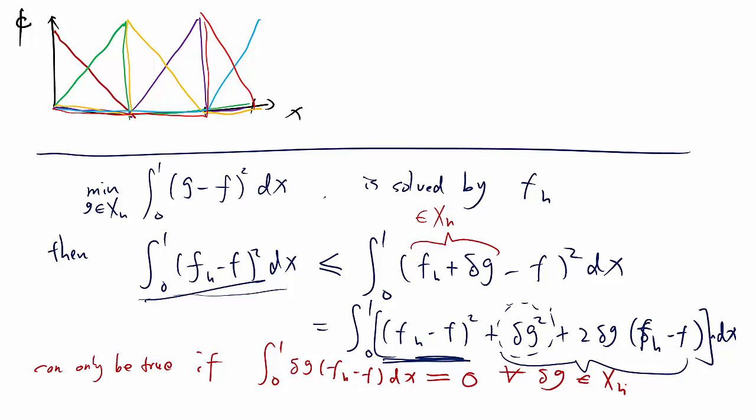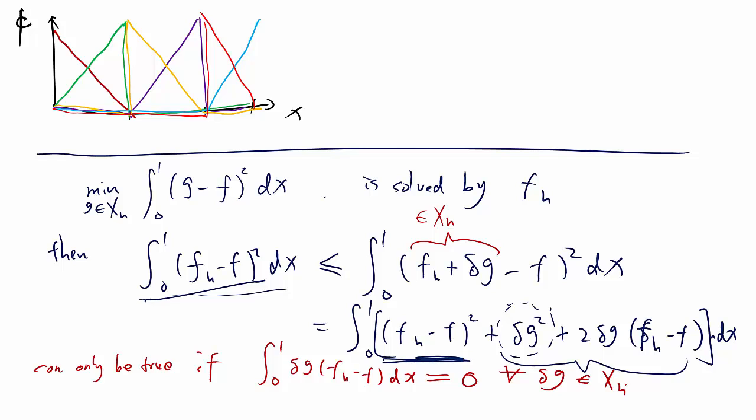And this integration is basically an inner product. It means the inner product of any directional vector within the blackboard with the vector that points from fh to this f has to be 0.